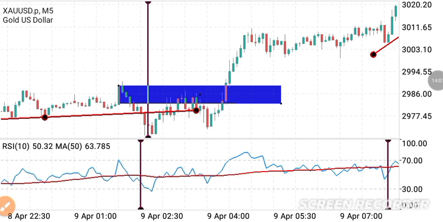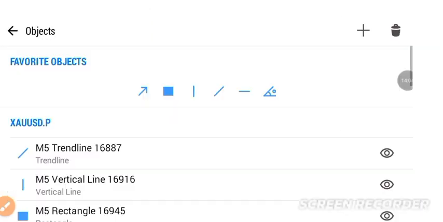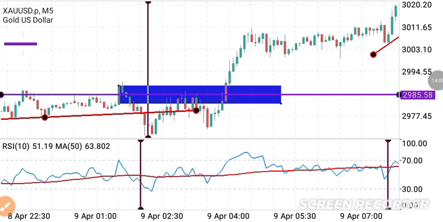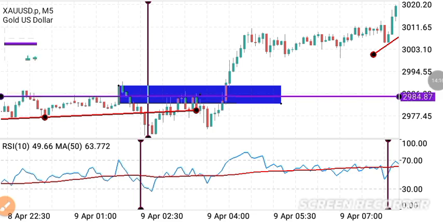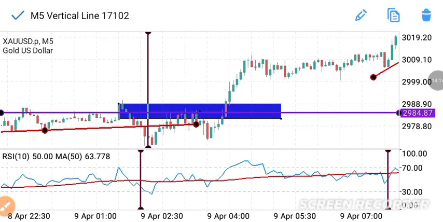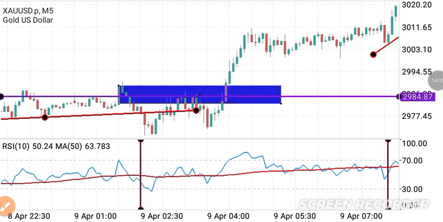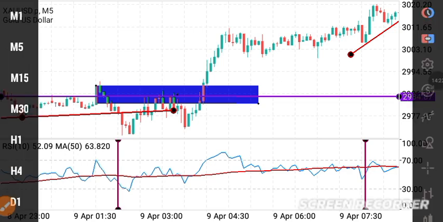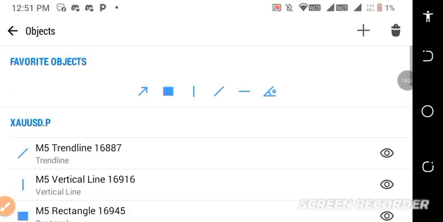Stop loss, let me delete other lines so that you can see well. I will also delete, no, let me not delete the trend line. You can enter there, stop loss above that order block, and you can target 3 times the risk, somewhere around here.